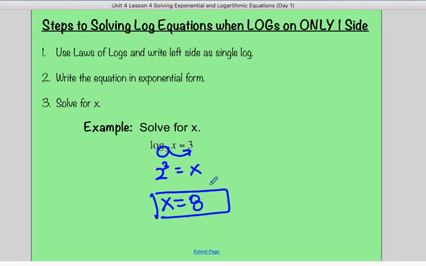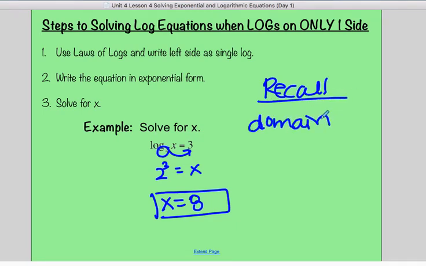Whenever we are solving logs, we need to keep in mind our domain. So we need to recall the domain for log base b of x. Whatever is on the inside of my log has to be greater than 0.